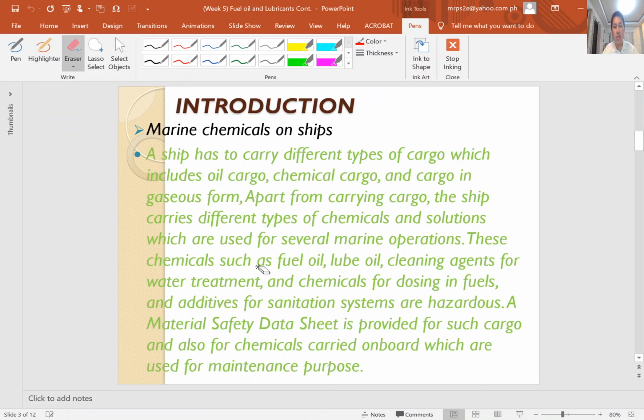These chemicals, such as fuel oil, lube oil, cleaning agents for water treatment, chemicals for dosing in fuels, and additives for sanitation systems, are hazardous. A material safety data sheet is provided for such cargo and also for chemicals carried on board which are used for maintenance purposes.